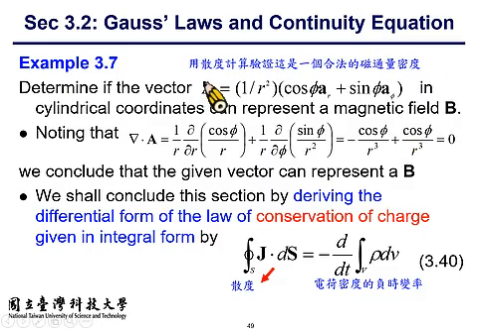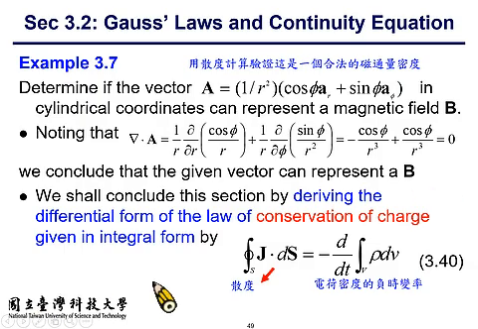The divergence of A is 0 everywhere, even though the description itself seems a little complicated. So this is the so-called legitimate magnetic flux density description.